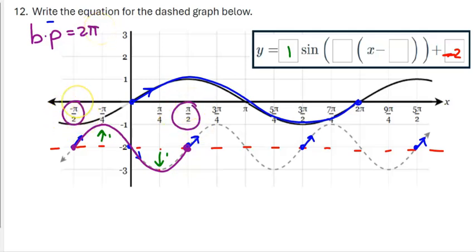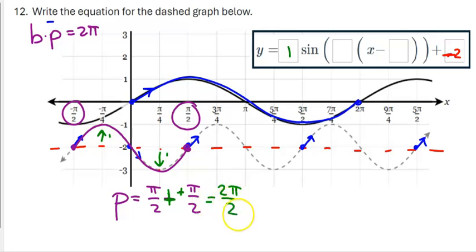So we start at -pi over 2. We're going to pi over 2. So the period would be pi over 2 take away -pi over 2. Got a negative subtraction problem with a negative, so we're going to change to addition of a positive. That gives me 2 pi over 2. 2's cancel out, which means the p-value is pi.